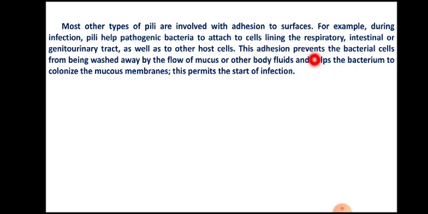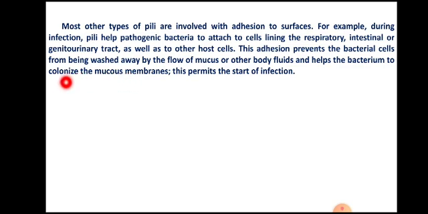So this adhesion prevents these bacterial cells from being washed away by the flow of our mucus and the movement of saliva and other body fluids, and helps the bacterium to remain attached to the body cells, and that helps to colonize the mucous membranes.